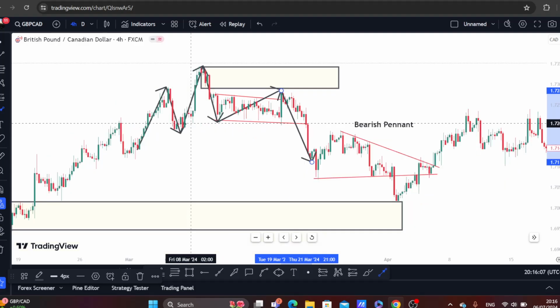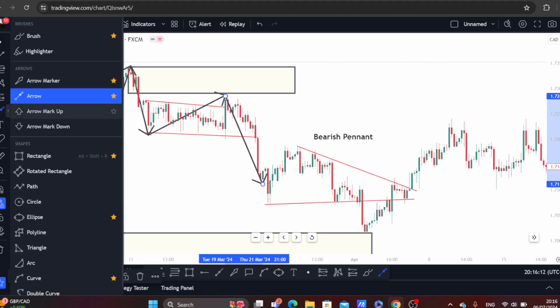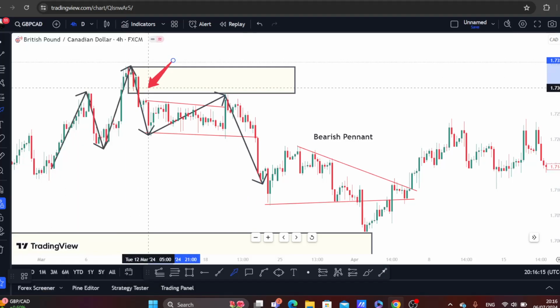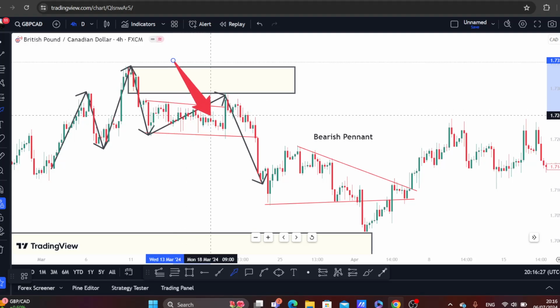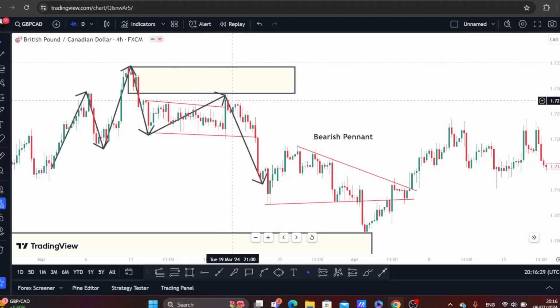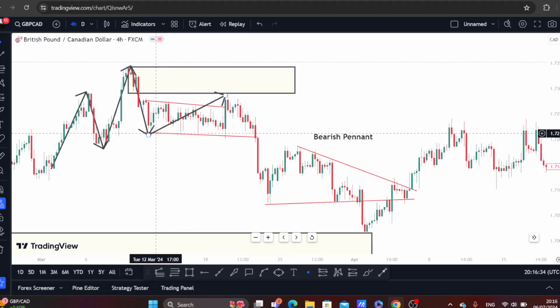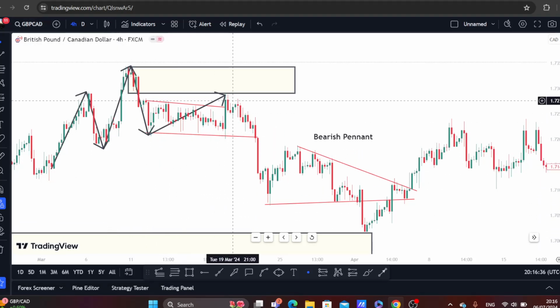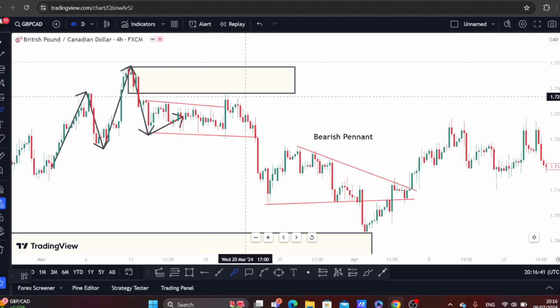So this is the head and shoulder. When this head was created, we had these equal highs here. So we had multiple bounces, this bounce here, that bounce there, that bounce there, and that bounce there. Then let me get rid of this. So we then had this breakout.